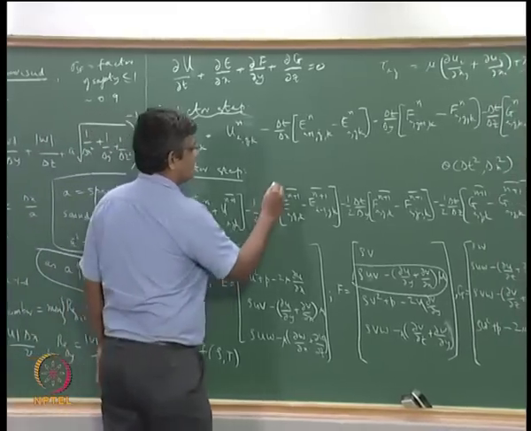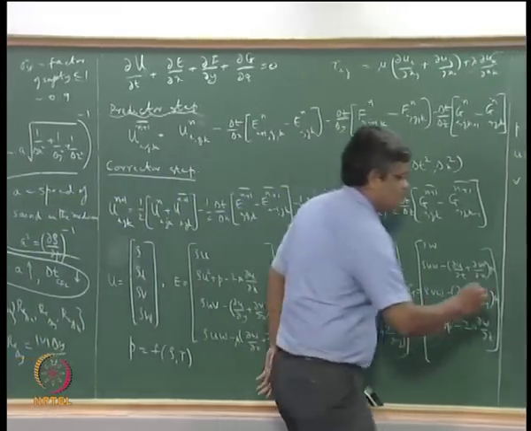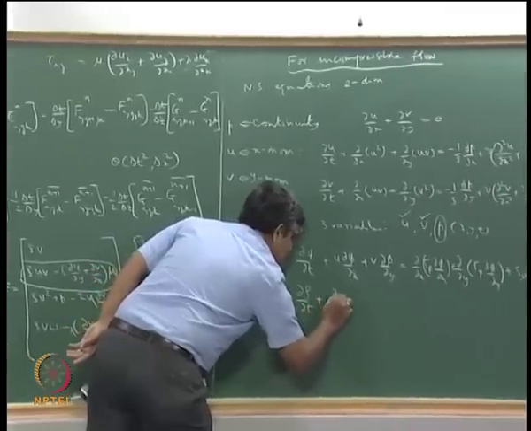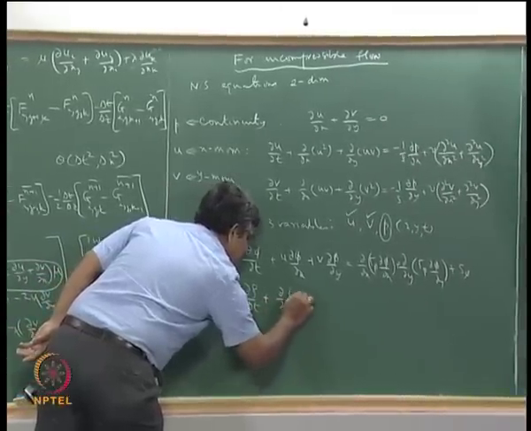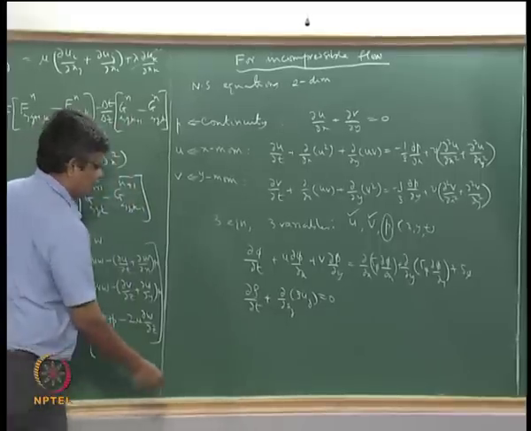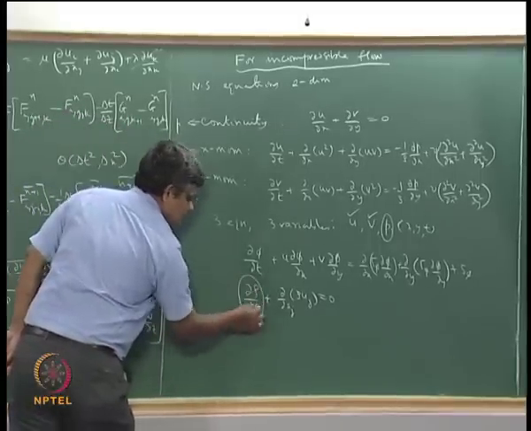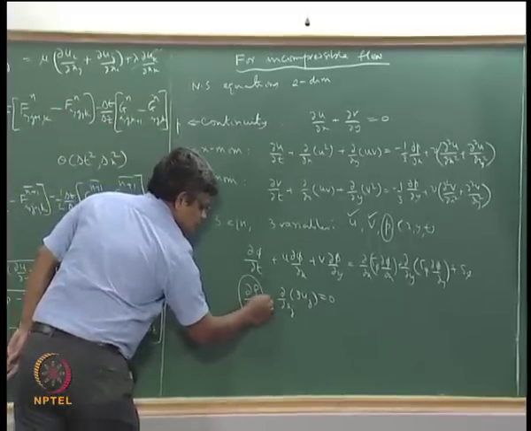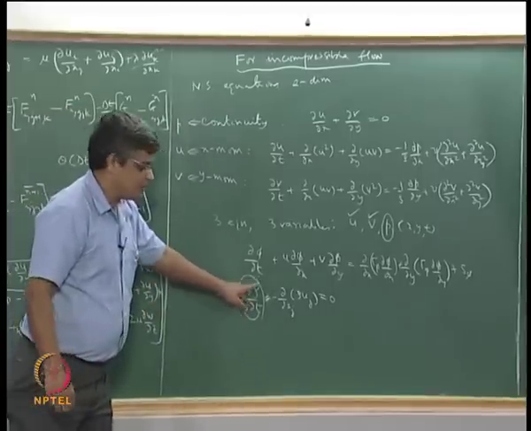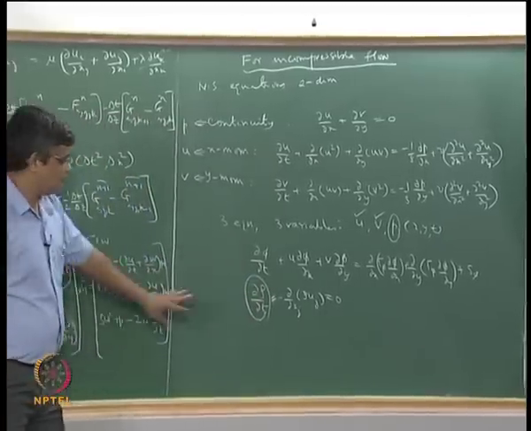The continuity equation in a compressible flow is d rho by dt plus d by dxj of rho uj equal to 0. So we can write d rho by dt as minus of the second term, and this can be used to evaluate rho at ijk, n plus 1, from rho at n and so on.